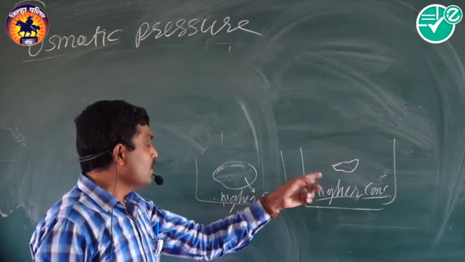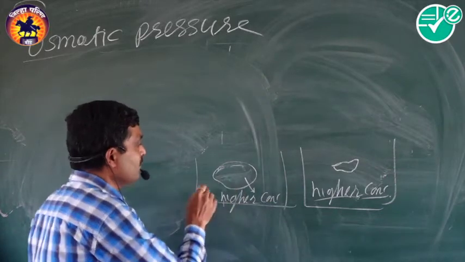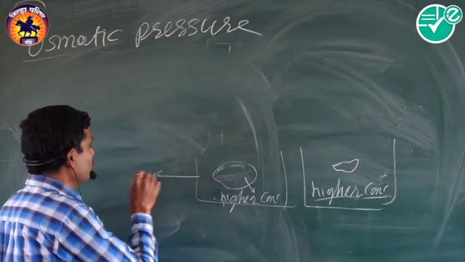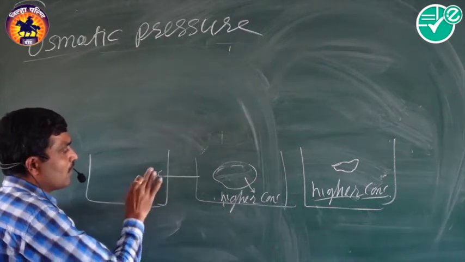So the cell shrinks because of the higher concentration, higher osmotic pressure. Now if it is put into a lower concentration, then this cell swells, because it has the lower concentration.